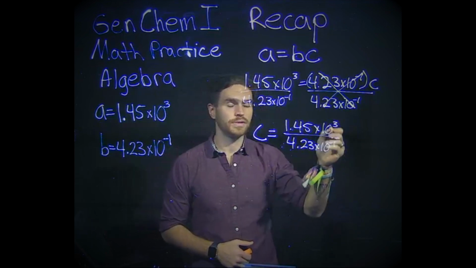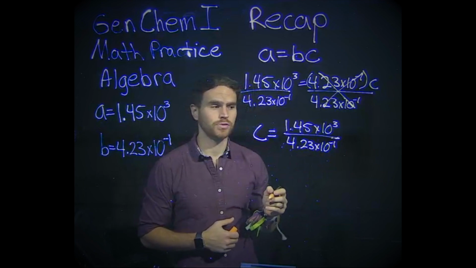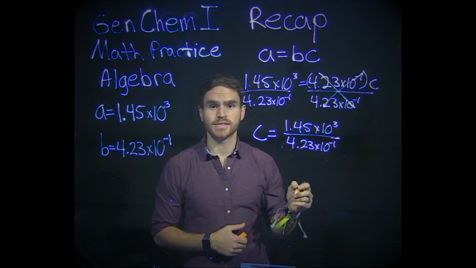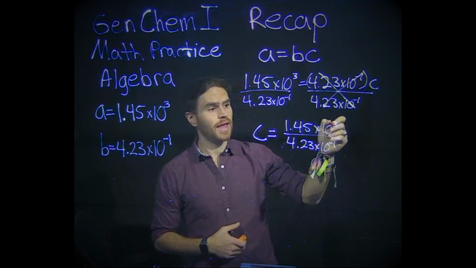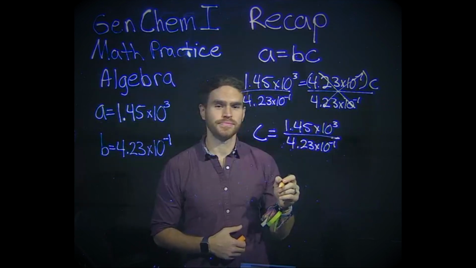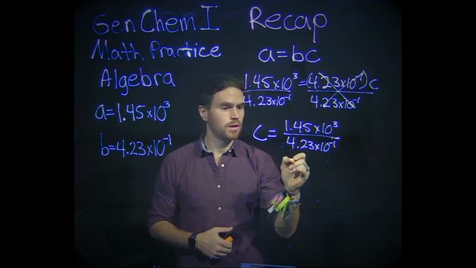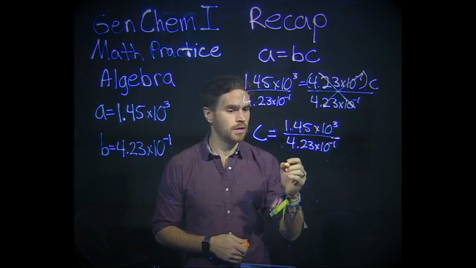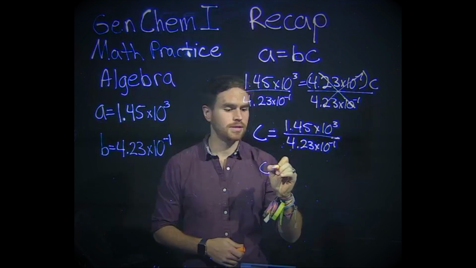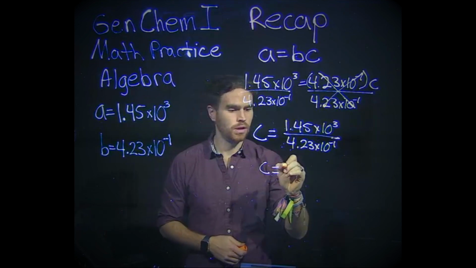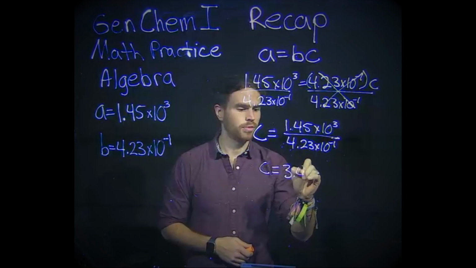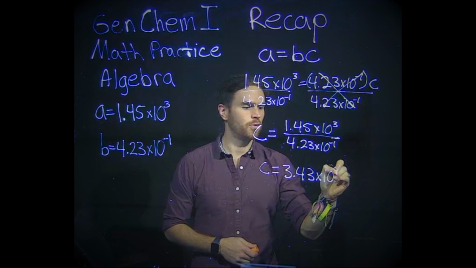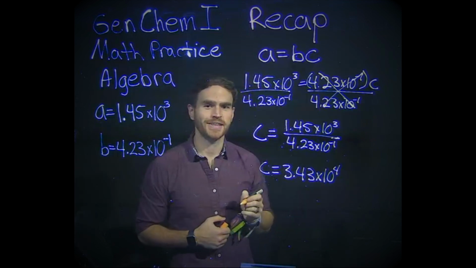Again, we're dividing exponentials, and subtracting a negative exponent is the same thing as adding the positive number. So when you perform this calculation, either through your computer or by hand, you would see that C is equal to 3.43 times 10 to the fourth. And this is how you put it all together.